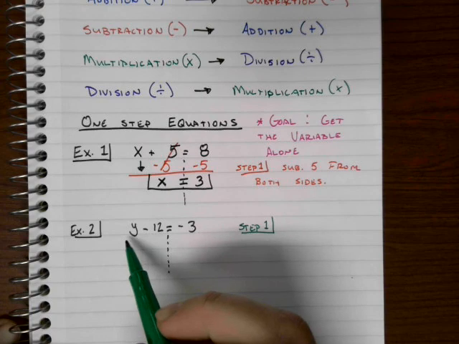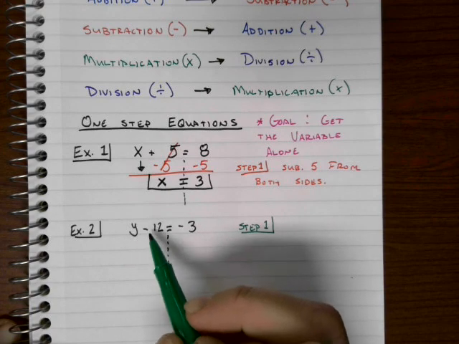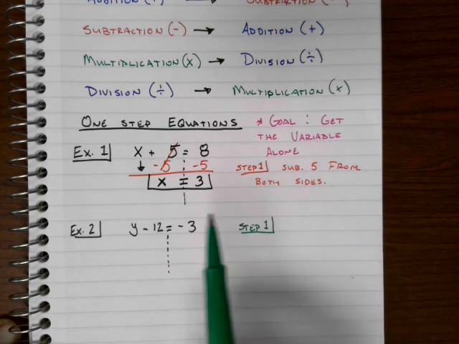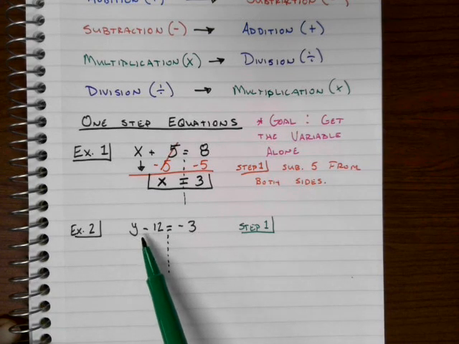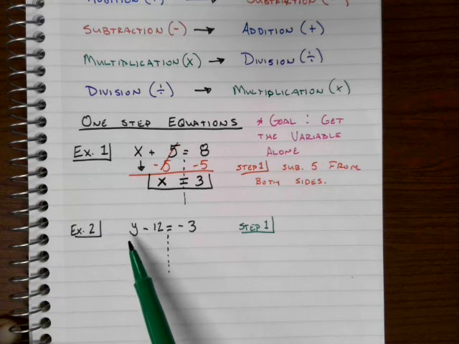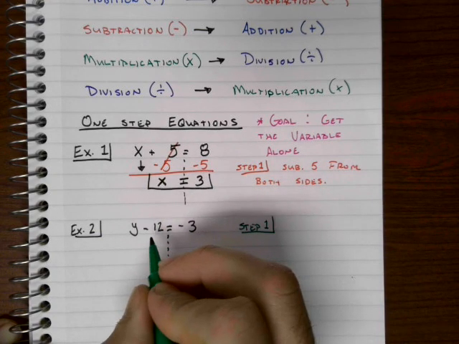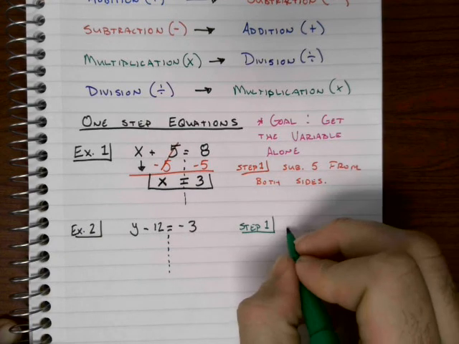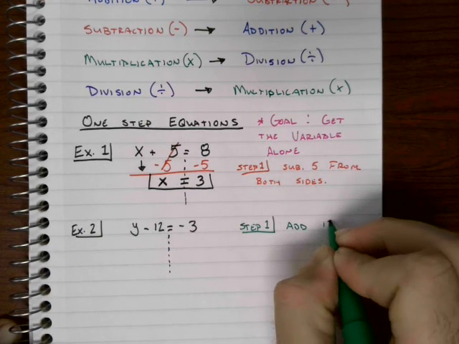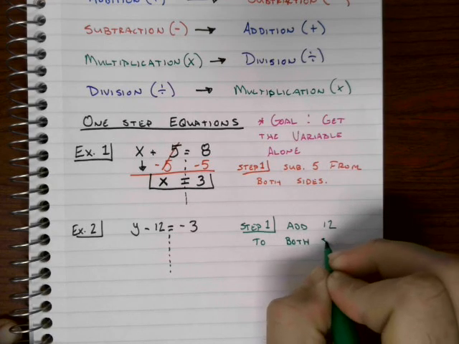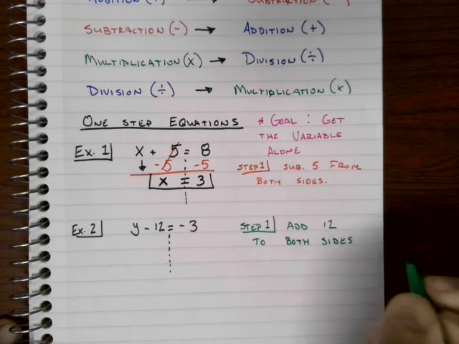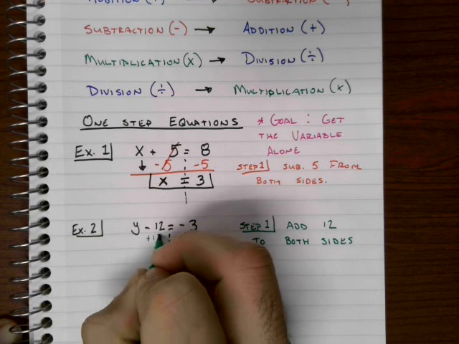Yes, it's minus 12, but a subtraction sign and a negative are the same thing. You determine the opposite of a number by what's in front of it. This negative is associated with that 12. That negative does not go to that y. So to get rid of this negative 12, I need to add 12 to both sides, because what you do to one side, you have to do to the other. So if I add 12 on this side, those cancel.